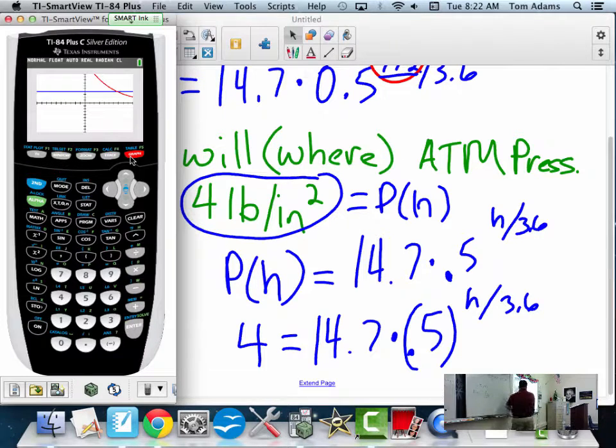So what I'm going to do is hit second calc, and I'm going to come down to option number 5, which is find the intersection. I'm going to take the first curve and use the cursor to get as close as I can to where they intersect. Hit enter, it'll say second curve, hit enter again, guess. 6.76 is what it looks like, right?